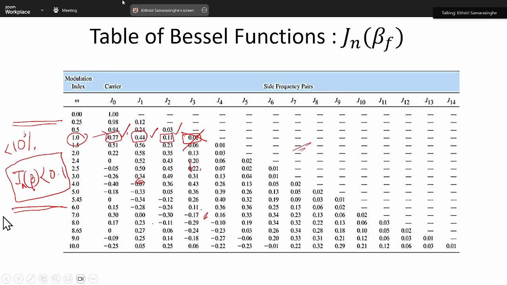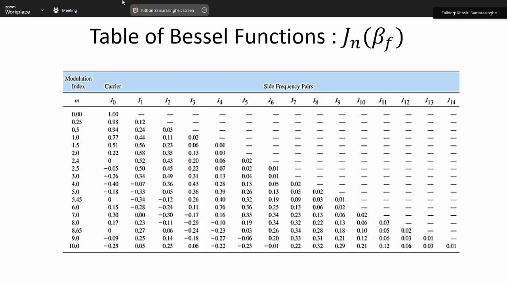So what I was explaining was that when you select a particular beta value from the chart and read horizontally, any Jn(beta) value less than 10%, which means a value less than 0.1, is considered insignificant. So you can remove them.